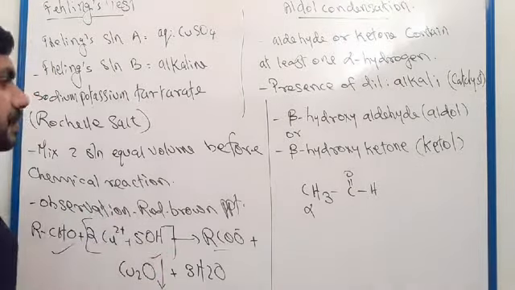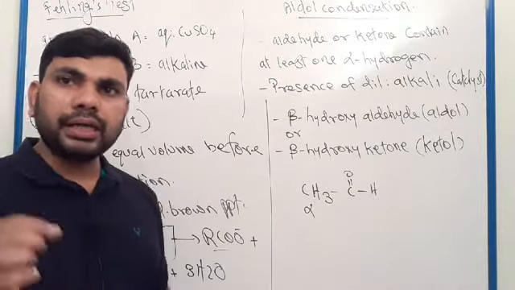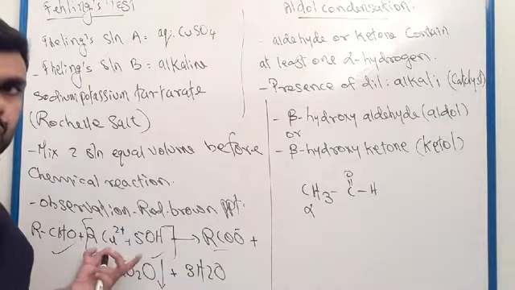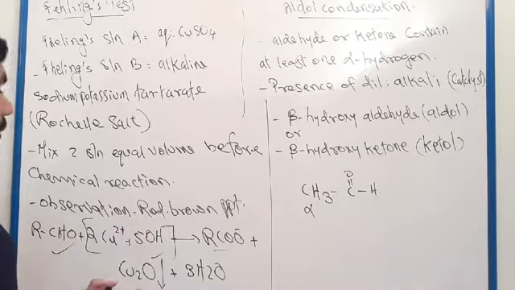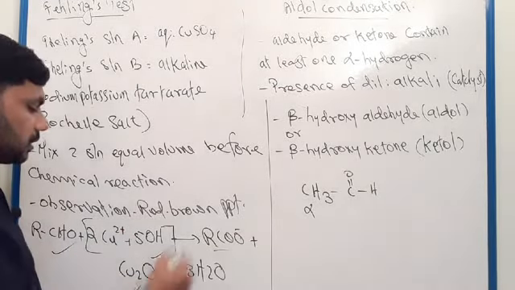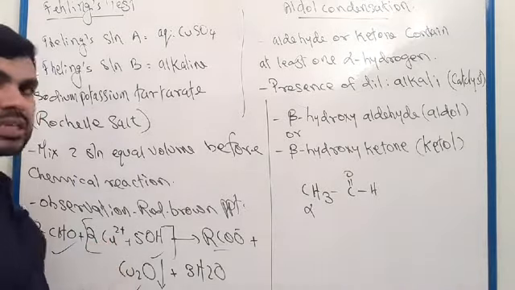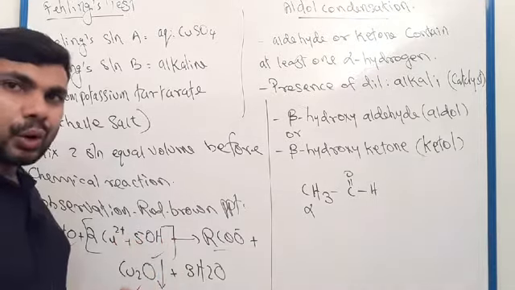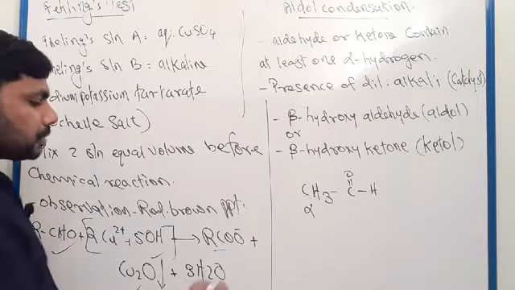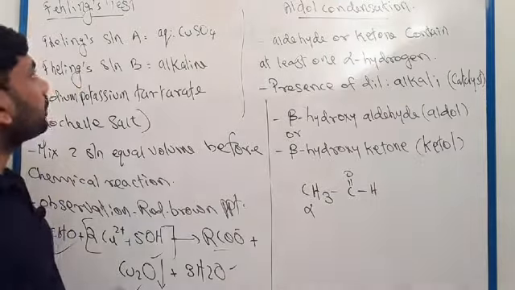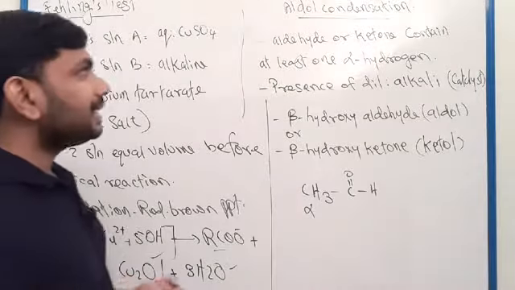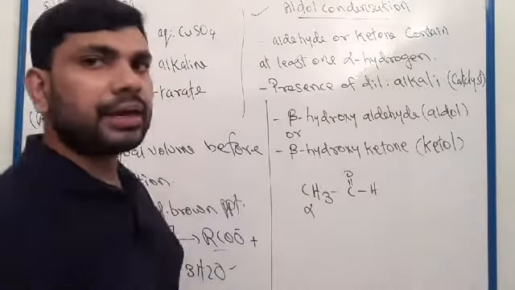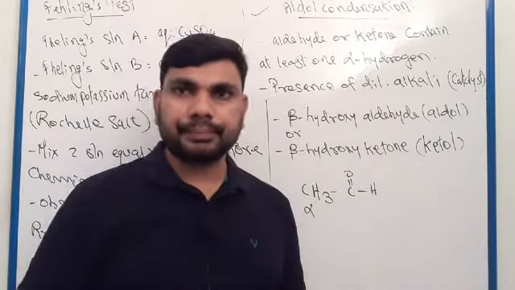Here oxidation takes place, the observation is a red brown precipitate, and only aldehyde gives it. Cu2O is the red precipitate, from 2Cu2+ and 5OH-, with carboxylate ion, and Cu2O plus 5H2O. H2O will be the side product. So this is Fehling's test. Next we have to remember the next chemical reaction, aldol condensation.